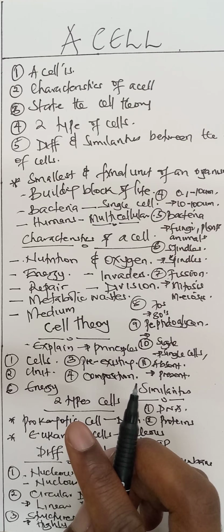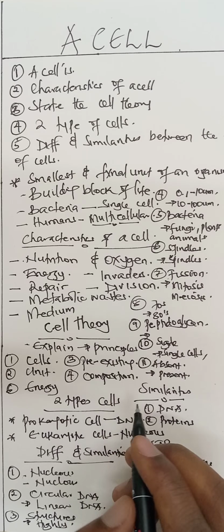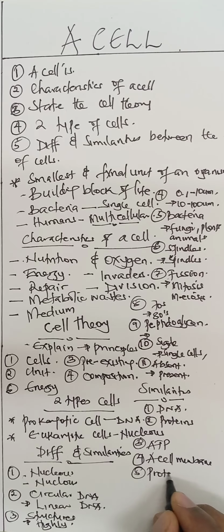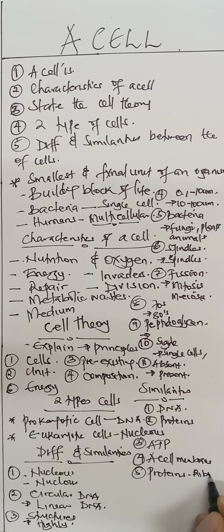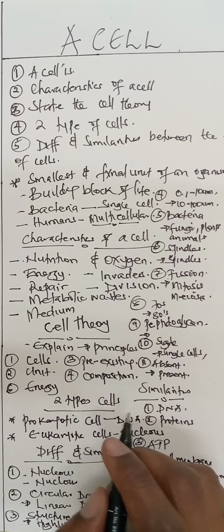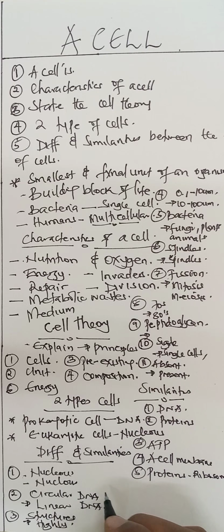And probably the last point is that they synthesize proteins in the cell ribosomes, because we said they both have ribosomes, using information encoded in the DNA and mobilized by means of RNA. So those are the few similarities and differences between prokaryotic cells and eukaryotic cells.